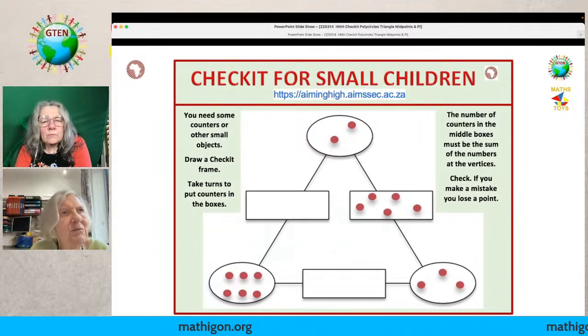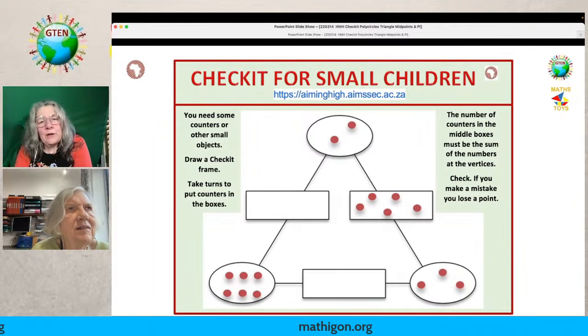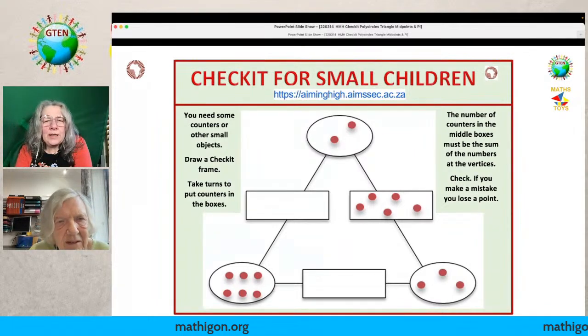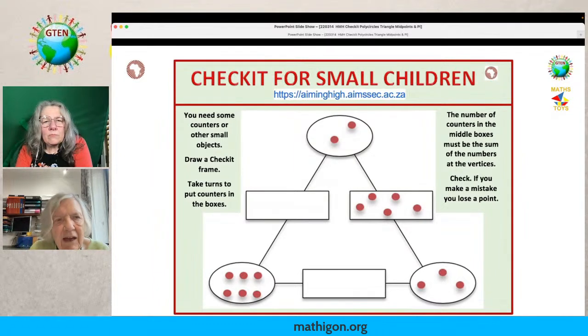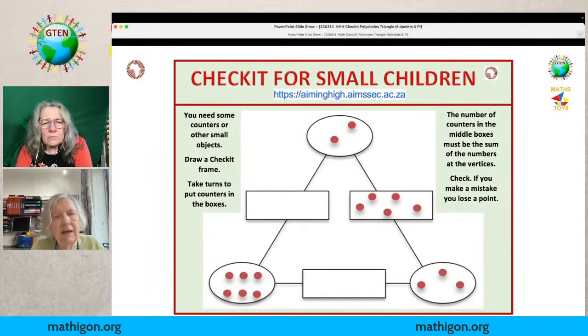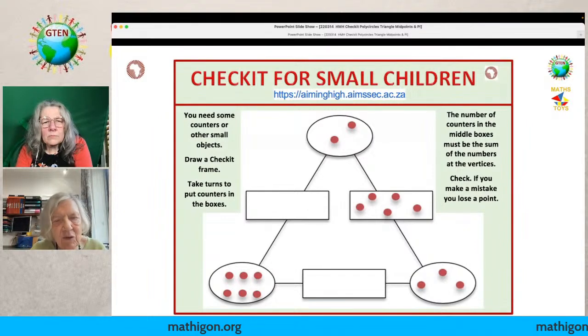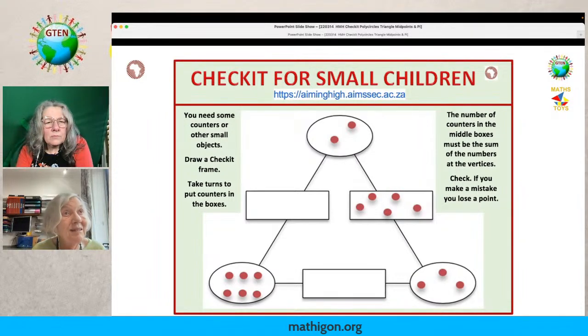Have you played this with very tiny children, Caroline? I have with dots. I've played it with my little friend Holly, and it works beautifully because the dots just make so much sense. Yes. What you can do is have some stones or counters and put them on the board. The rule is that there are ovals or ellipses, I prefer to call them, at the vertices of the triangle, and the two numbers in there added together give you the number in the middle.